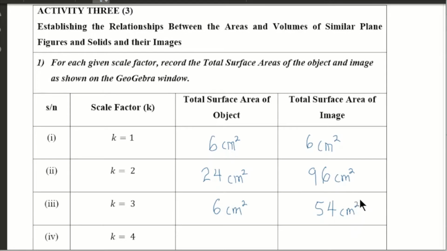So now, carefully observe these recordings, and using our previous knowledge of the relationship between scale factor, image length, and object length, try and see if you can come up with a formula that connects the area of the object, the area of the image, and the scale factor of enlargement.